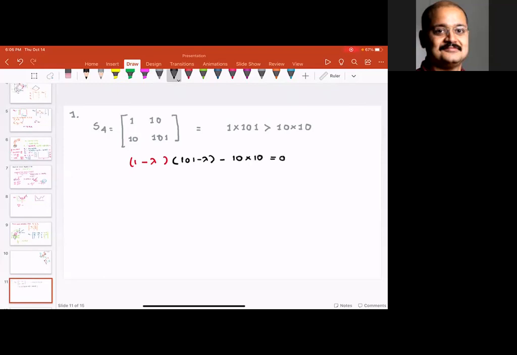Equate this equation to 0, and it will give you 2 values of lambda, and you will notice that these 2 values are positive. But the condition that you can specify is this. If you look at other problems, this condition does not get satisfied.